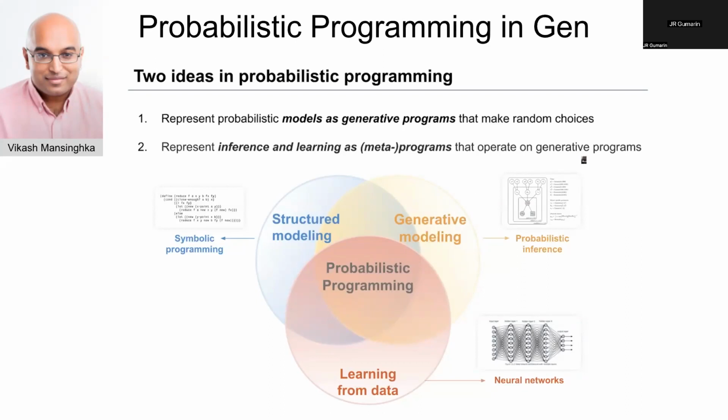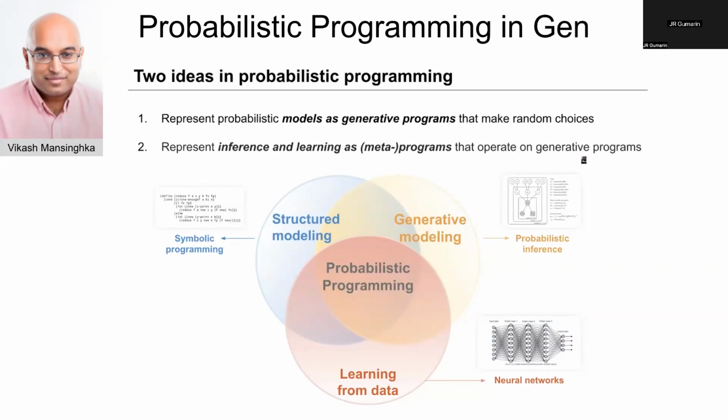In the last few minutes that I have, I want to give you a sense of the tools that I'm using to work with this, which is introducing the work of Vikash Mansinghka, who has developed the Gen programming language for doing probabilistic programming.